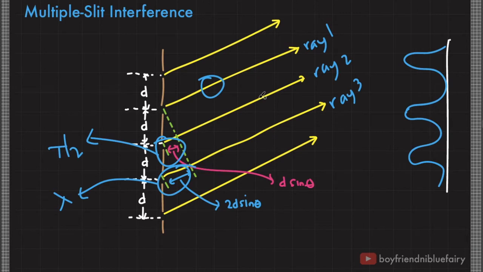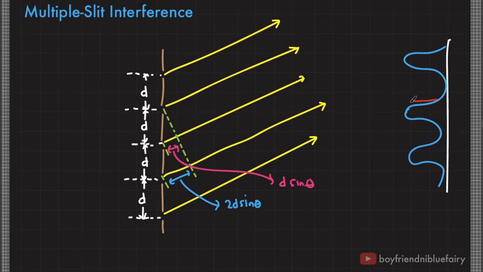Now, ray 1 and ray 2 will obviously result in a destructive interference because they have a path difference of lambda over 2, and also ray 2 and ray 3 will result in a destructive interference because their path difference is lambda over 2. However, when we compare ray 1 and ray 3, the path difference between them is one wavelength. Therefore, the interference between ray 1 and ray 3 will result in a constructive interference. This will result in a brighter principal maximum, and this time we will have a secondary maximum like this.